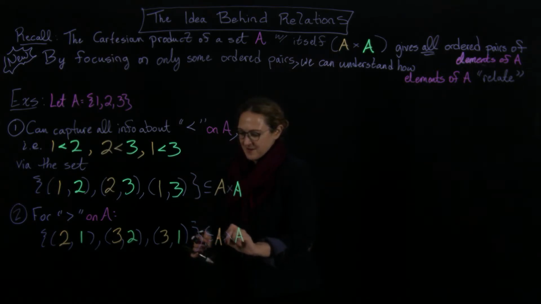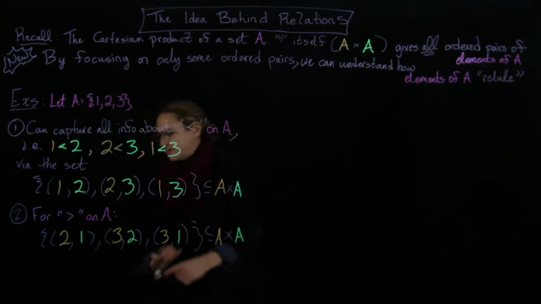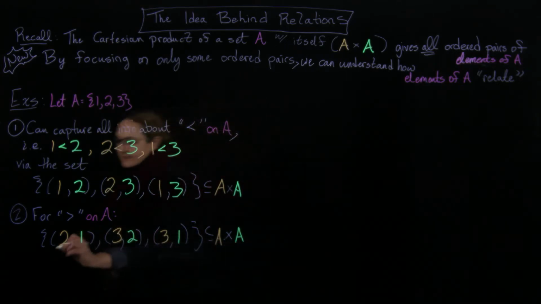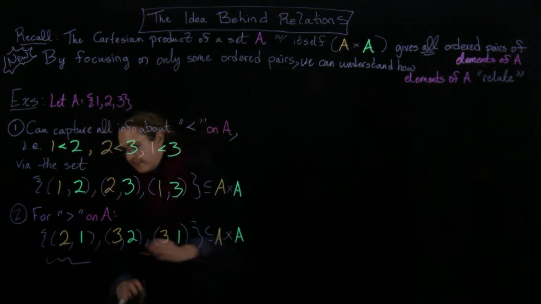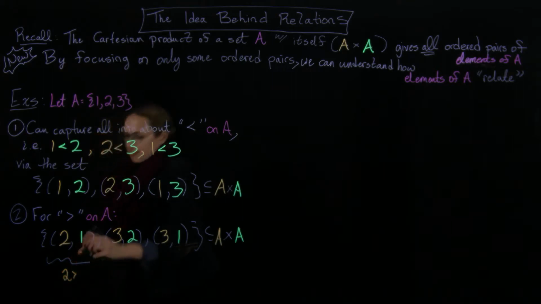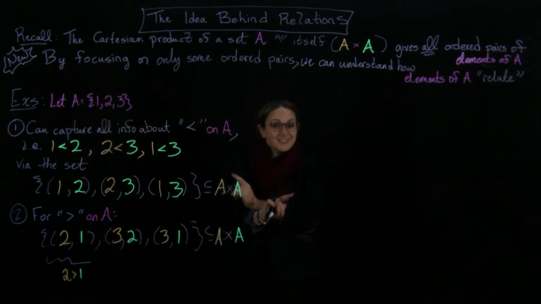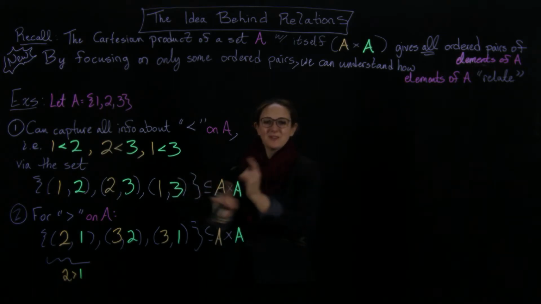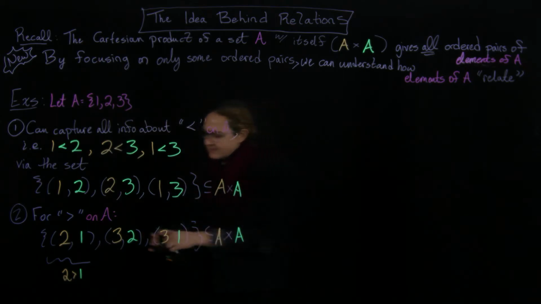I'm very focused. So what is the information that each of these gives me? Up here, this one is giving me the information that 2 is greater than 1. Whereas before, when it was swapped the other way, this is really showing that order matters. It was giving me the information that 1 was less than 2. Now it's giving me the information that 2 is less than 1.